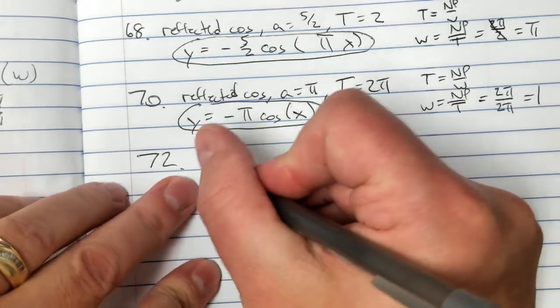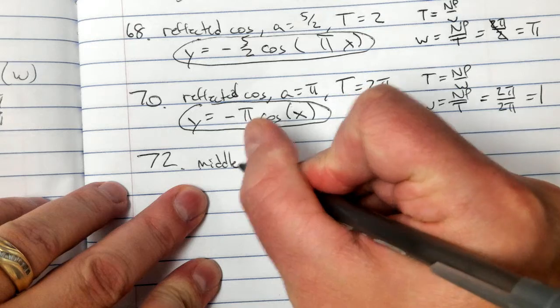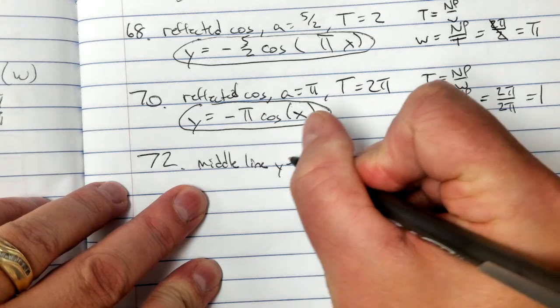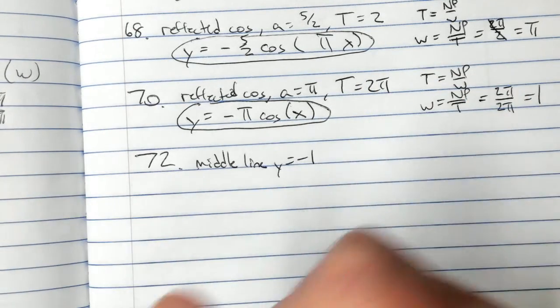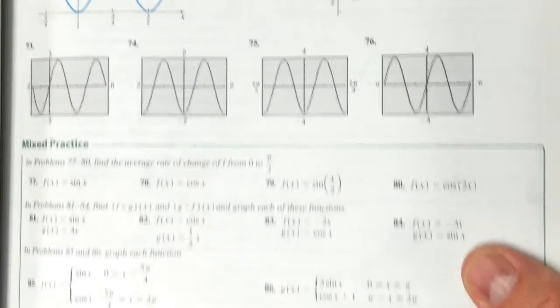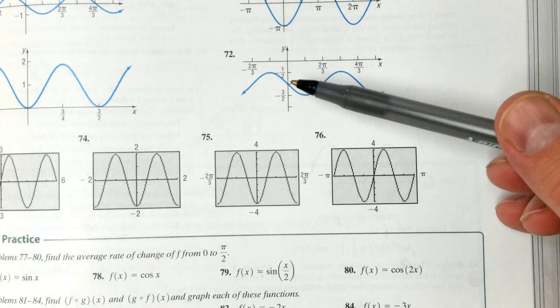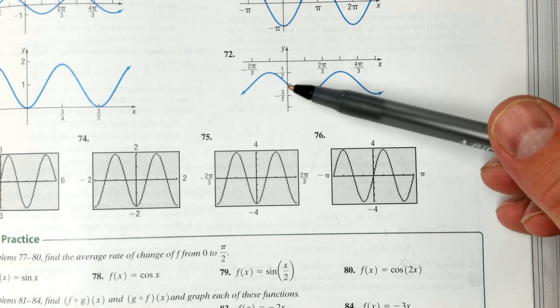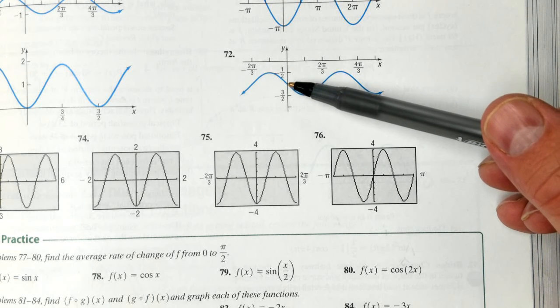So what we have for this one is a middle line that's y equals negative 1. So it goes through that middle line right there.